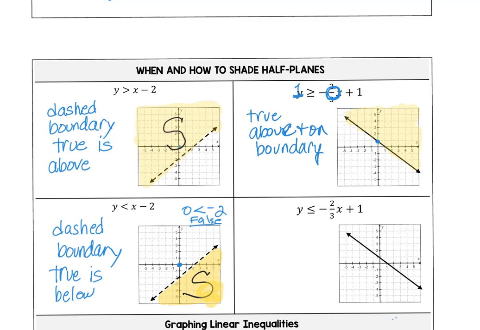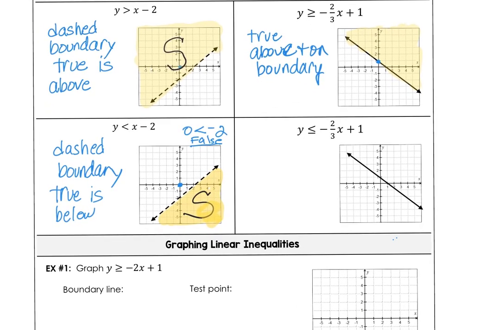Well, 1 is equal to 1, so our statement is true on the boundary line as well. And then the last one in this section, the y values that are less than or equal to the boundary line will be true when you're below the boundary line and when you're on the boundary line, because we have a solid boundary.